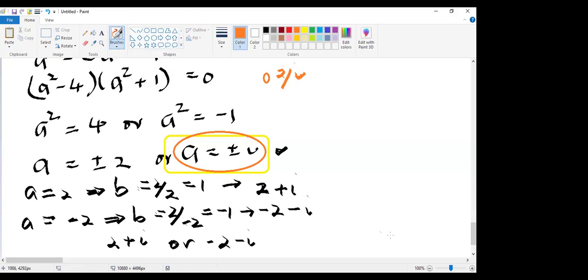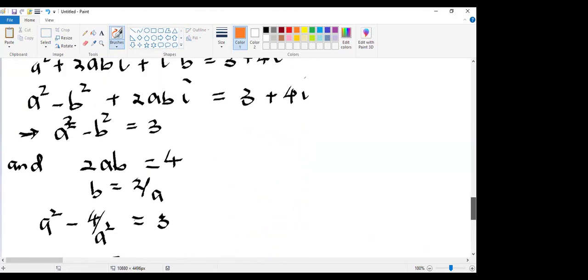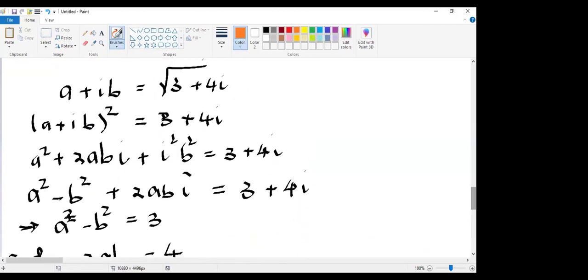recall that when we are doing our work, we take from here where you say let a plus bi be equal to the other. Here you are assuming this complex number to be equal to it.